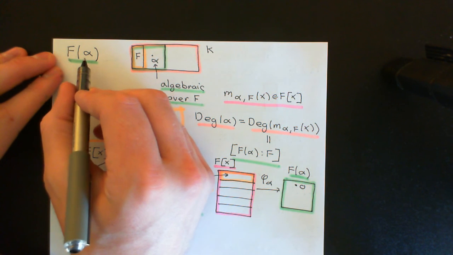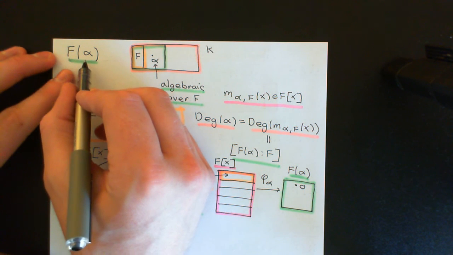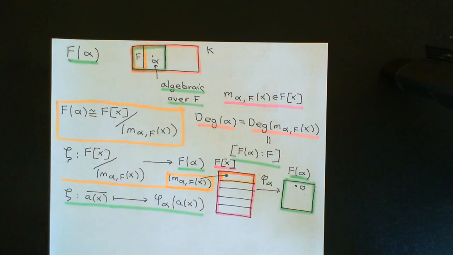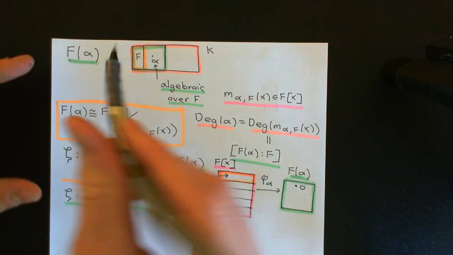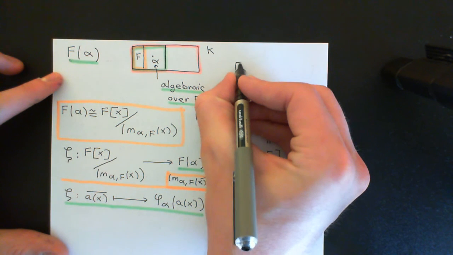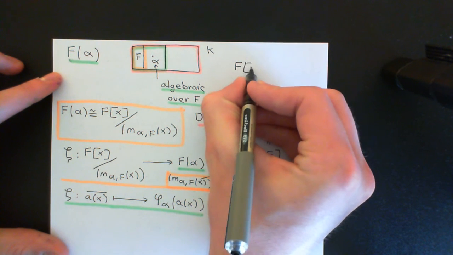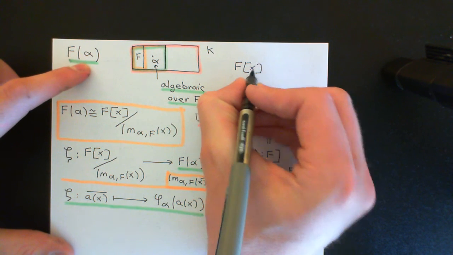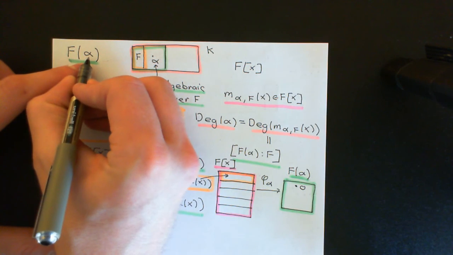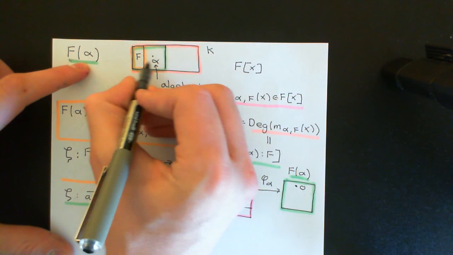You want to generate the field over F, which contains alpha. Okay, how do you do this? Well, basically, what you have to do is you have to look at all of the polynomials in the ring of polynomials over the field capital F, and you have to evaluate all of them at alpha. Okay? You will get answers that are in the field capital K.